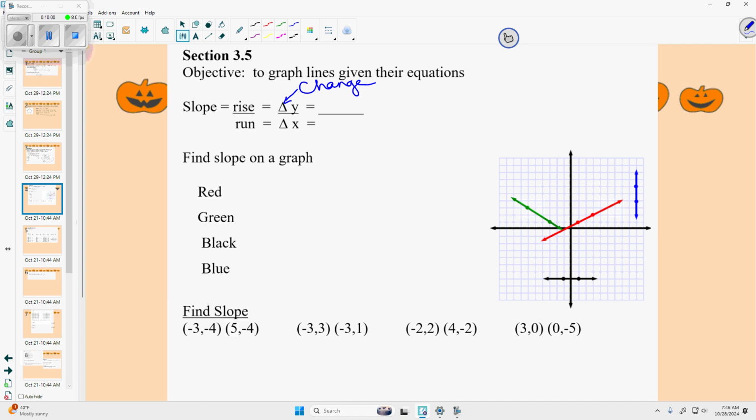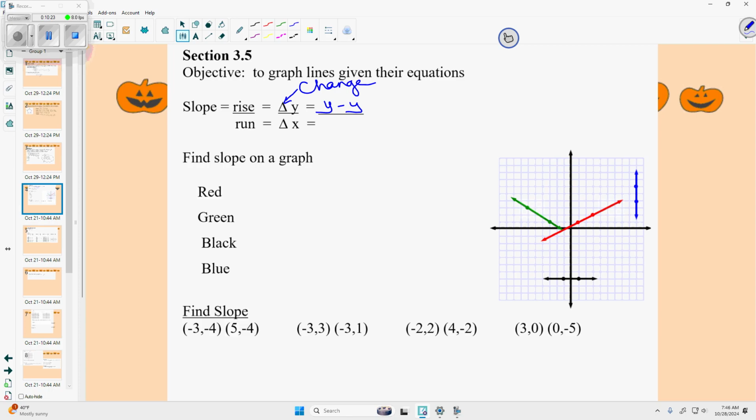When we do that with a formula, that is really just subtracting your y's. So y minus y. Now, when you did it in Algebra 1, they likely put little subscripts down there and said y sub 2 minus y sub 1, or y2 minus y1. All that means is take the two y's of your points and subtract them.